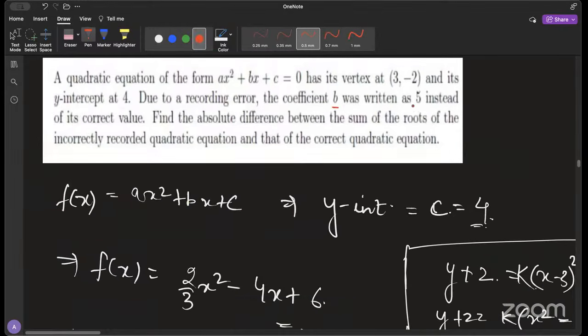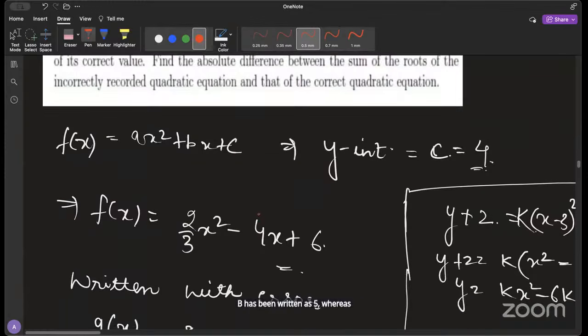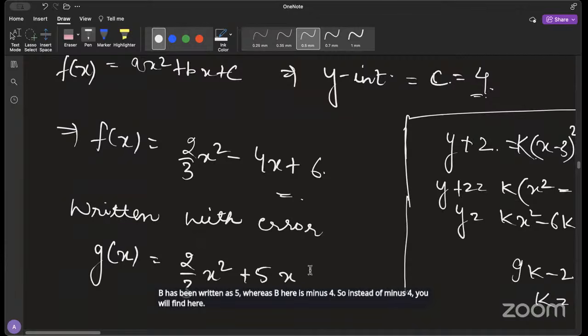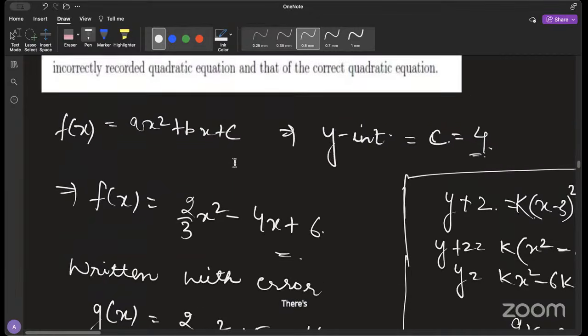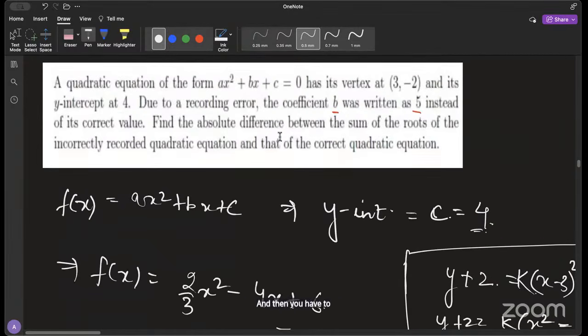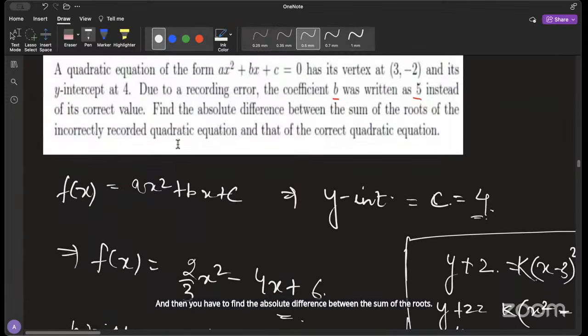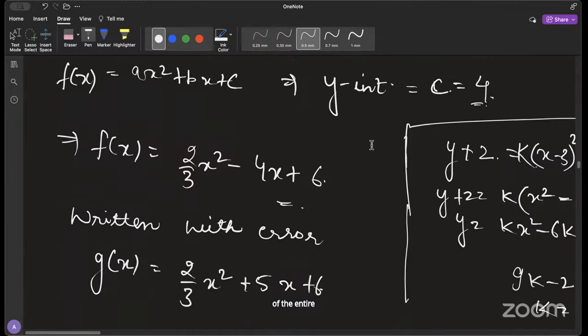So b has been written as 5, whereas b here is minus 4. So instead of minus 4, you do 5 here. That's 6. And then you have to find the absolute difference between the sum of the roots of the incorrectly recorded and the correct quadratic equation.